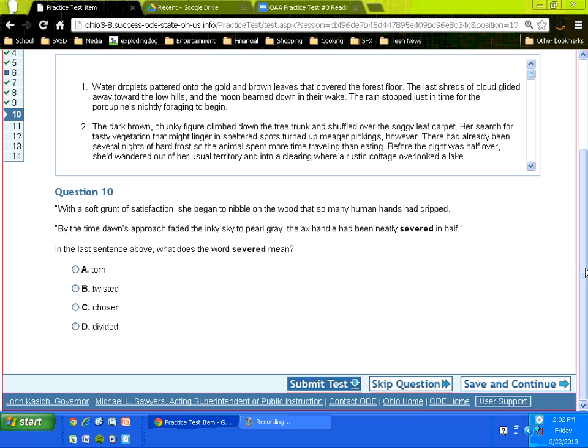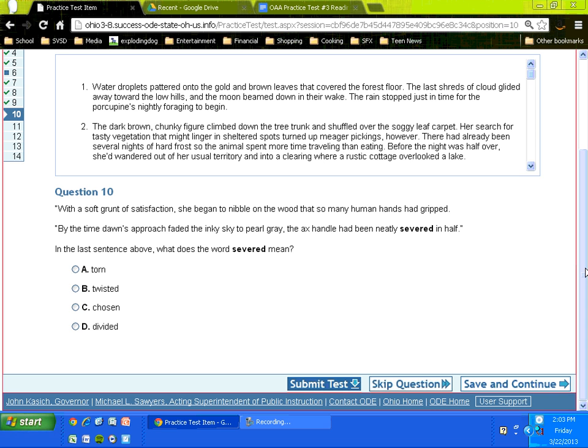Here's a new one. I don't believe you have this in your list. So add this, please. On vocab items that ask for synonyms, practice replacement.